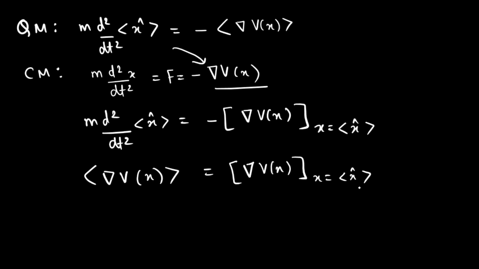This implies that the potential is evaluated at the center of the wave packet, which represents a particle in quantum mechanics, which then behaves like the center of mass of a particle, which is the abstraction we use in classical mechanics. So now let's see how far this implication is true.